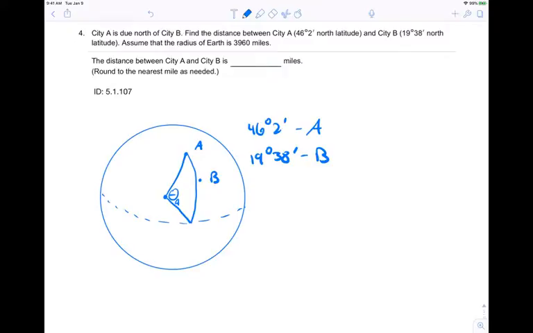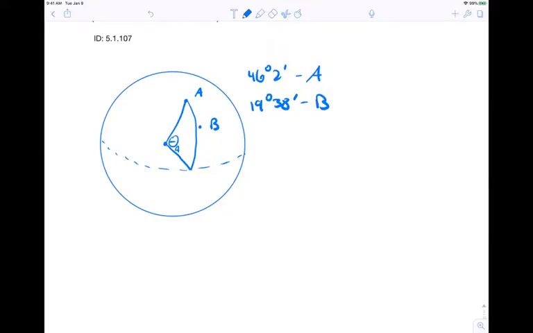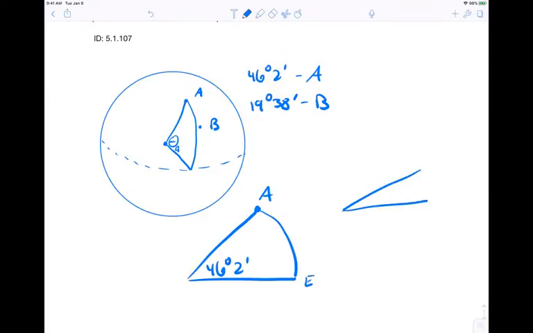If we take a cross section, a vertical slice of this image, city A makes an angle like this. Here's city A up here, and the angle is 46 degrees, 2 minutes. This is the equator. City B, in a cross section, is a lot thinner. Here's city B. This is the center of the Earth.